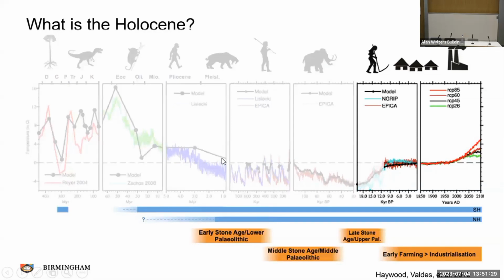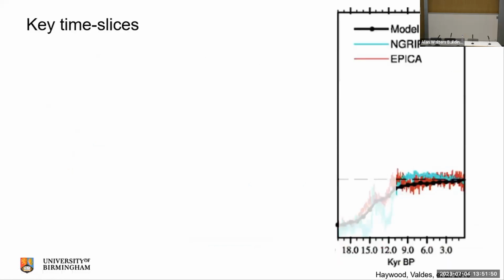The Holocene is defined to have started about 11,500 years ago, after the end of the Ice Age. And it's kind of, I guess, effectively turning into the Anthropocene. So we can isolate it as this period from 11,000 years ago up until roughly the pre-industrial. Sorry, it's a bit pixelated.